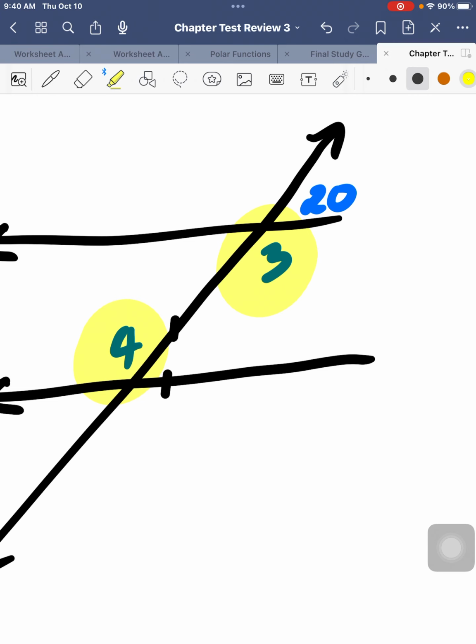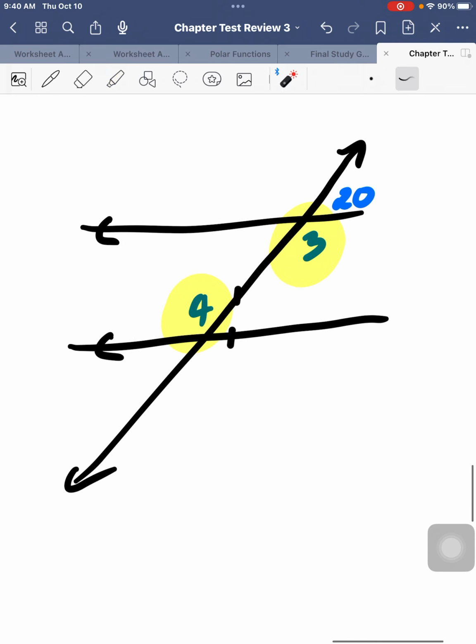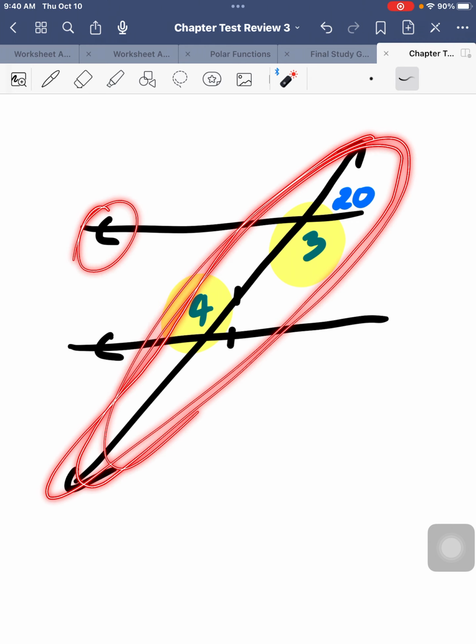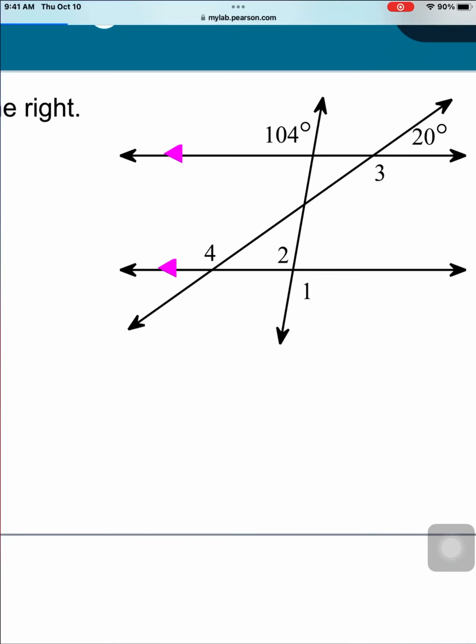Alternate interior angles. And what do I know about alternate interior angles whose transversal, this is the transversal, is transversing 2 parallel lines? I know that they have to be what? Congruent. So I can say measure angle 3 and alternate interior converse theorem. Let's go back.